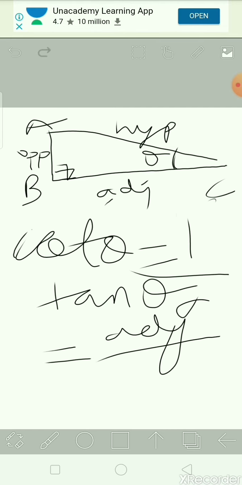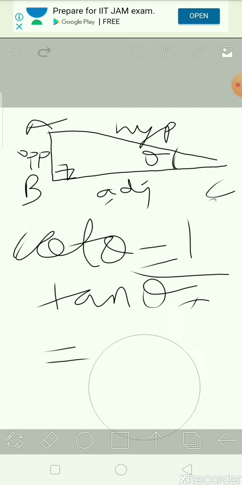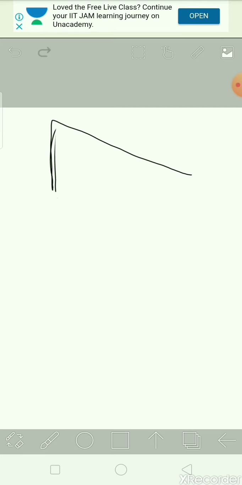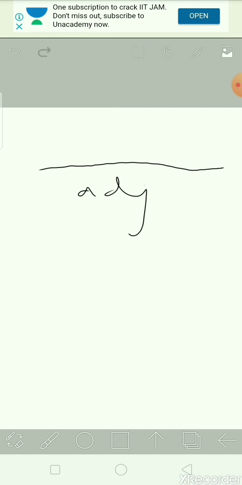So let's draw a right angle triangle with one of its angles approximately 0 degrees. Here is the triangle, such that hypotenuse is equal to adjacent and opposite side is equal to 0.